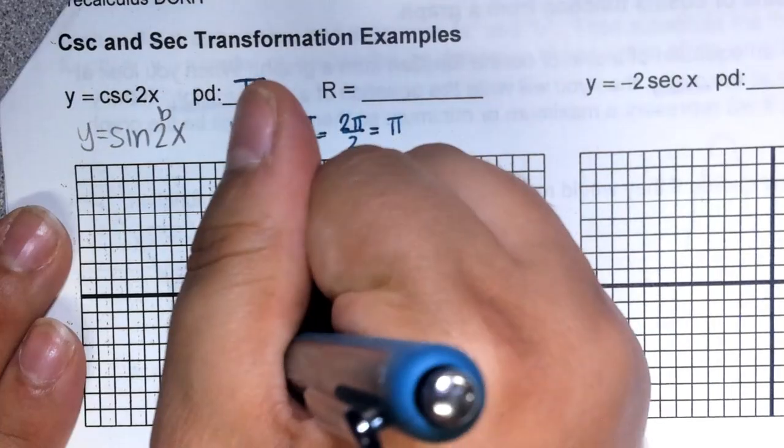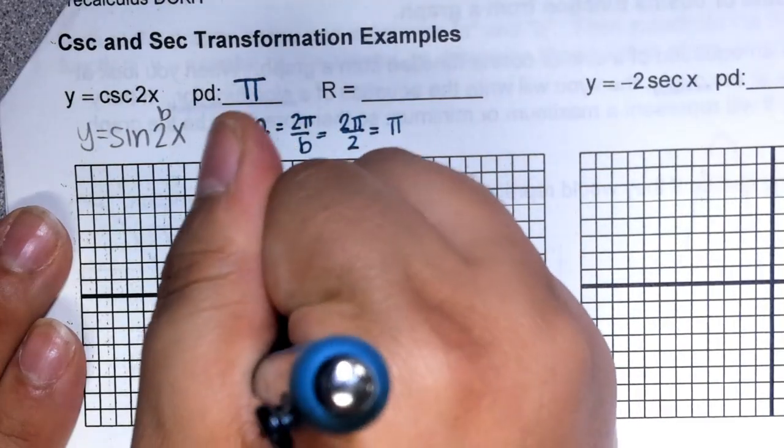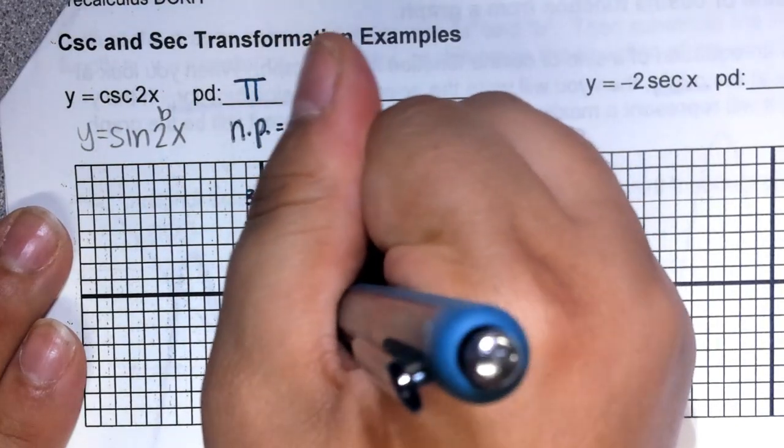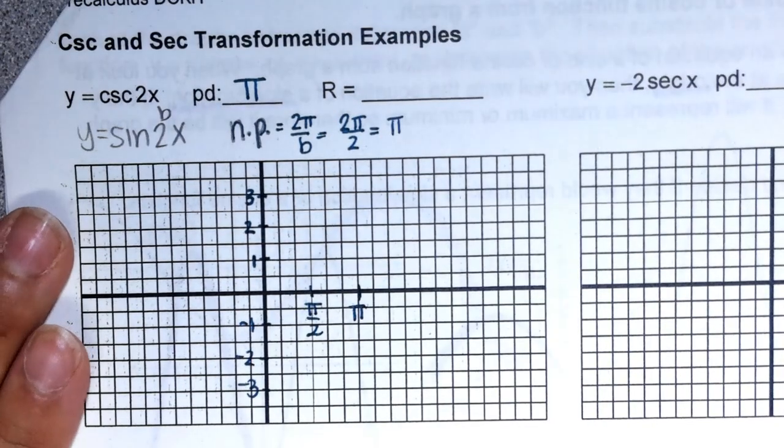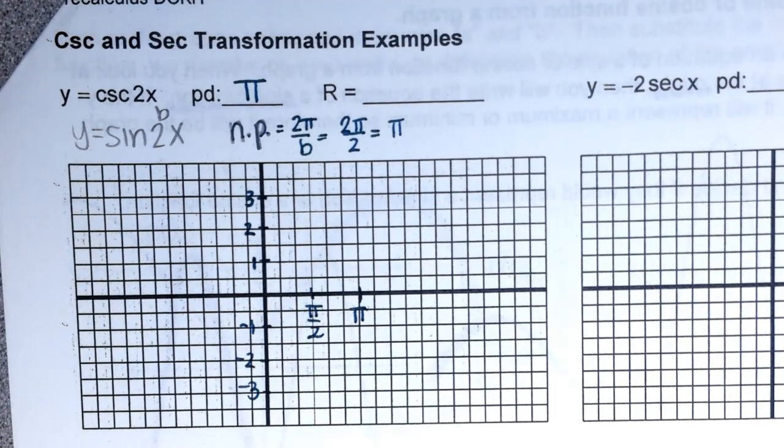So I'm going to label 0 to pi. What function is this that we're graphing? Sine.